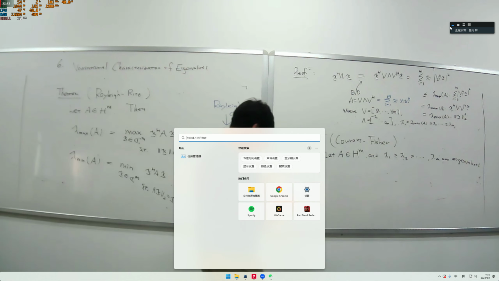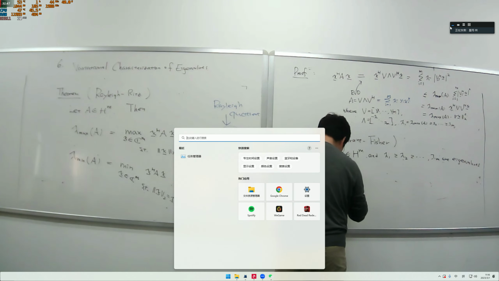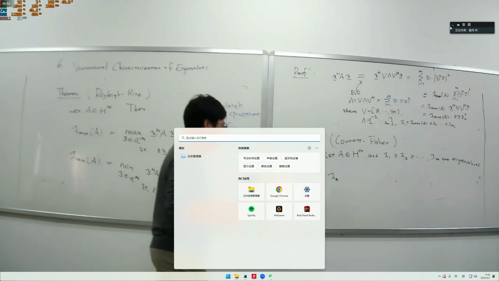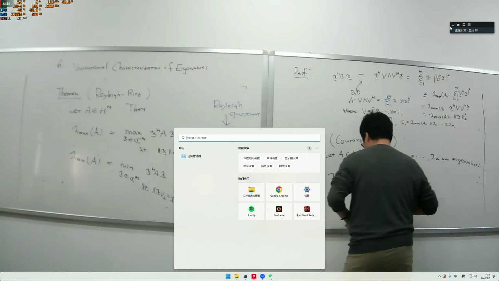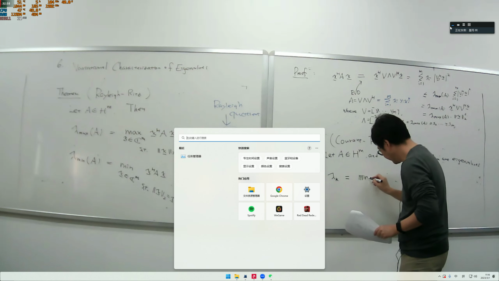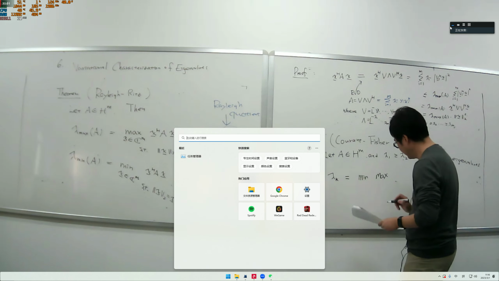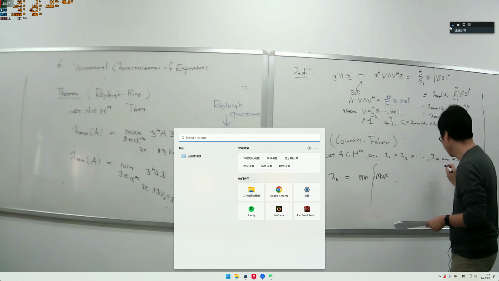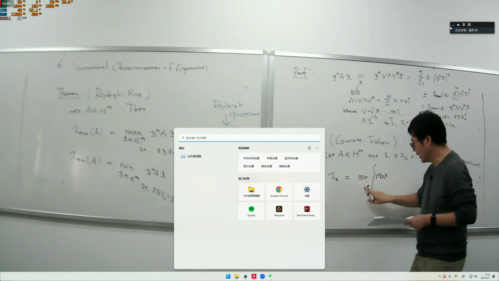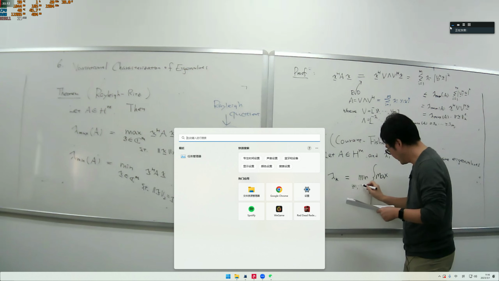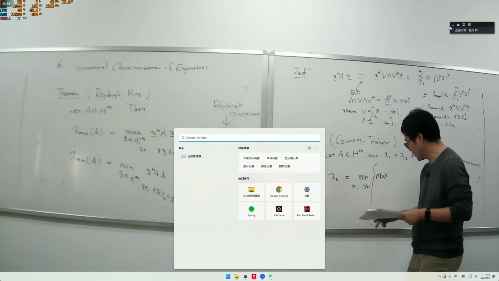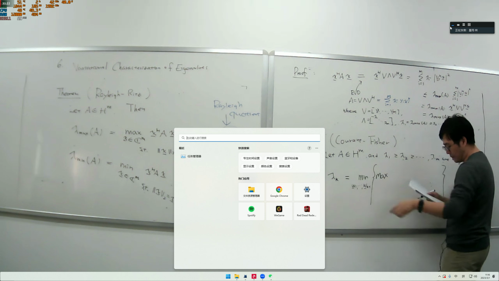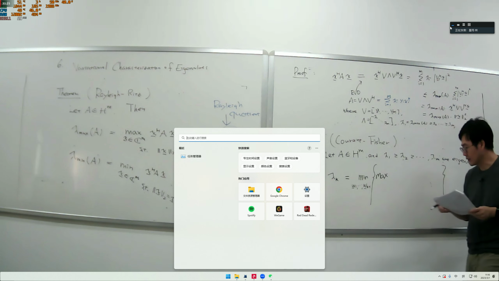Then this Courant-Fischer says for lambda k, the k-th largest eigenvalue of A can be written as a min-max problem, a minimization and maximization. The minimization is given k minus 1 vectors, w1 to w(k-1). So on the outside we have k minus 1 variables, each of them in C^n.